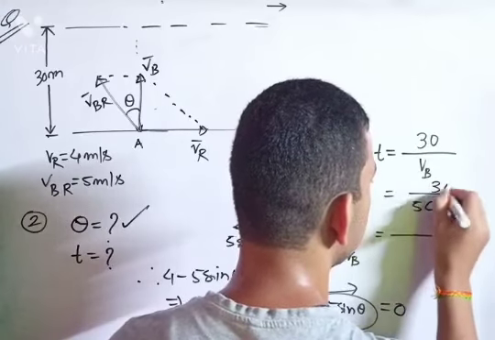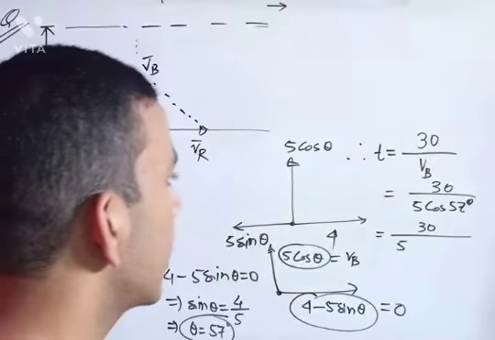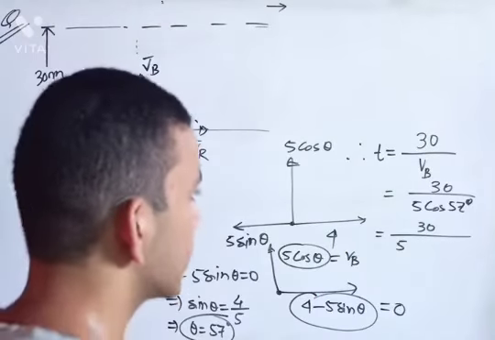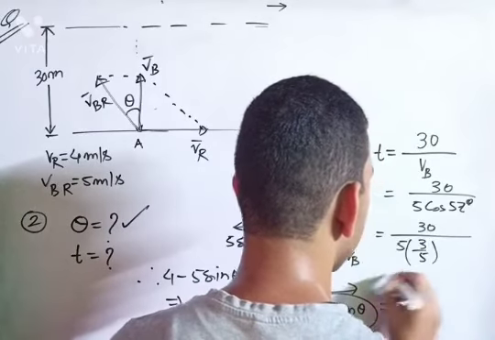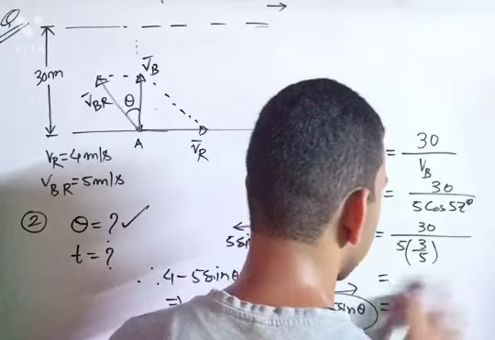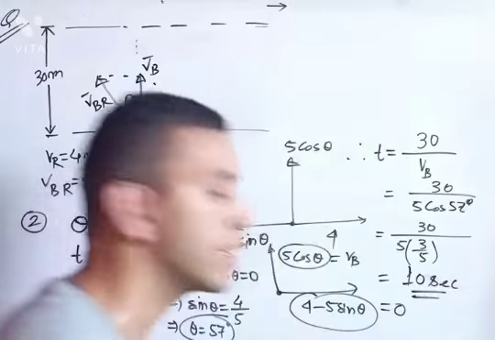So we will get 30 upon 5, cos 57 is sin 37, that is 3 by 5. So we will get 10 seconds. This is the required answer.